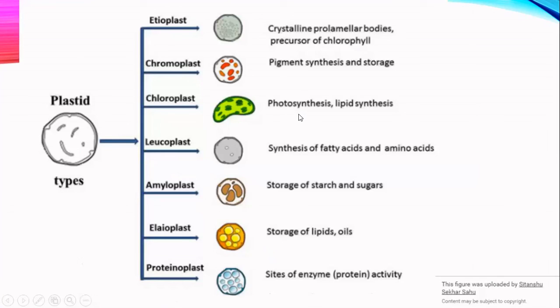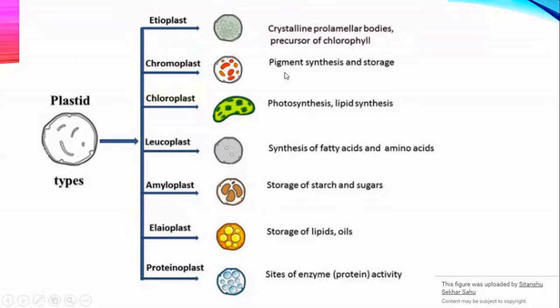Now, in plastids, we have different plastids in plants. We have the etioplast, chromoplast, chloroplast, leucoplast, amyloplast, elaioplast, and proteinoplast. Etioplasts have crystalline prolamellar bodies, precursors of chlorophyll.